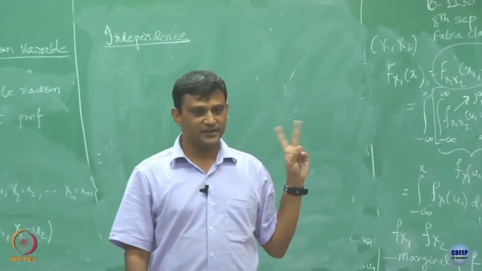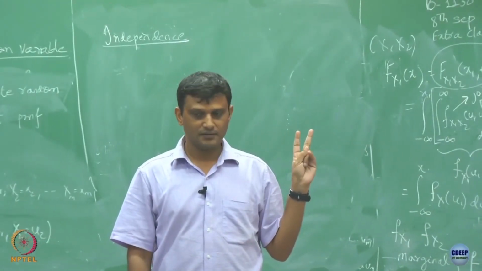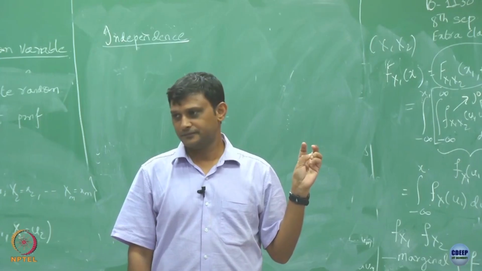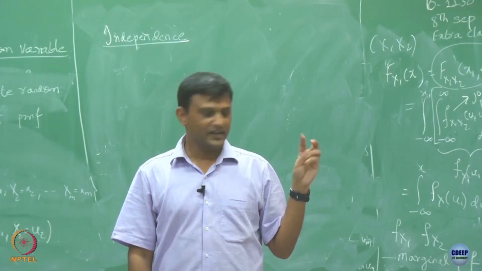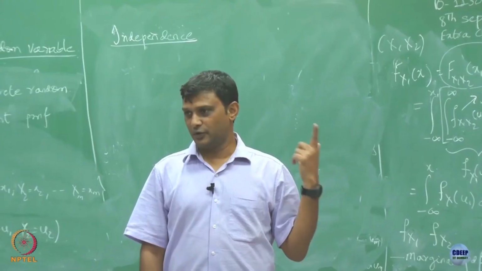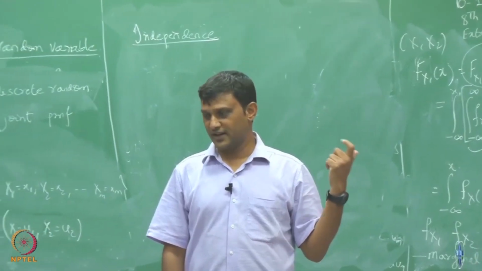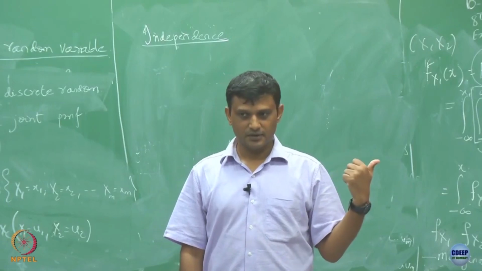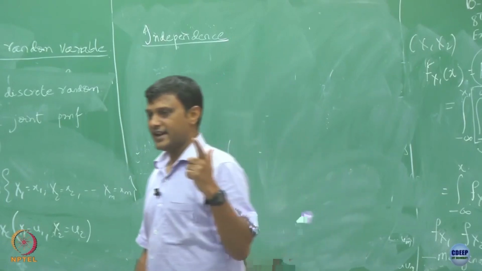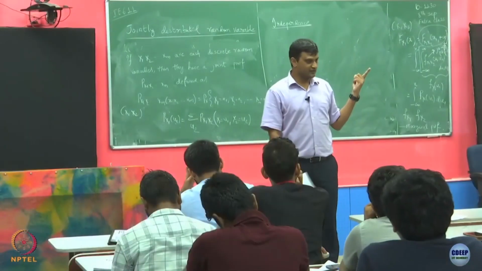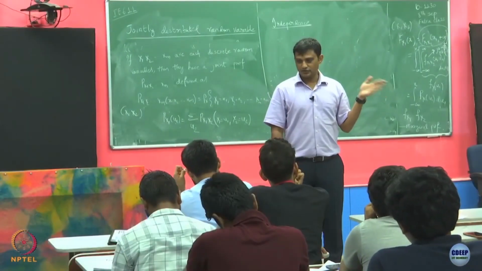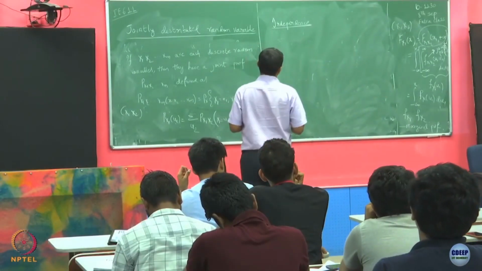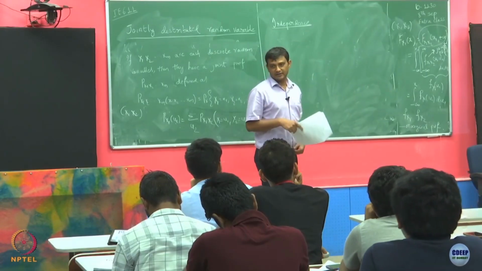What do we mean by independence of two events? If I have two events A and B, the probability of them happening together is nothing but the product of their individual probabilities. But a random variable defines so many possible events. It is not just one event, right? So we have to appropriately define what we mean by independence for random variables.